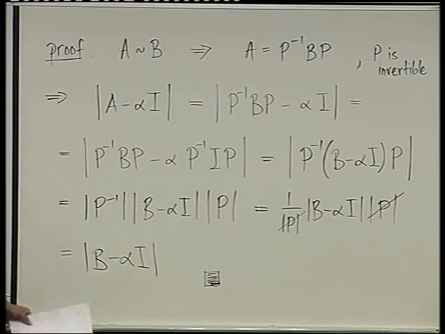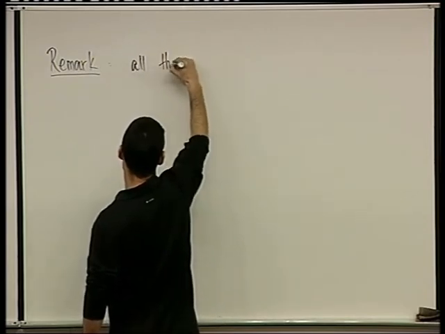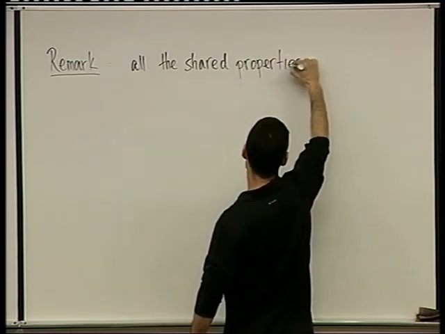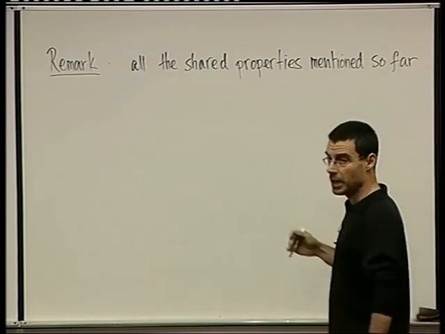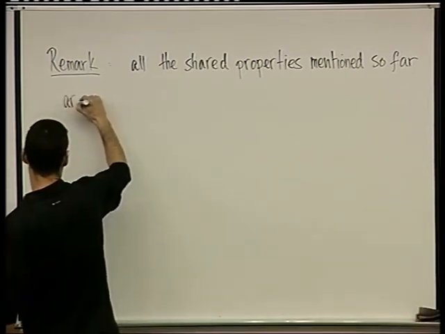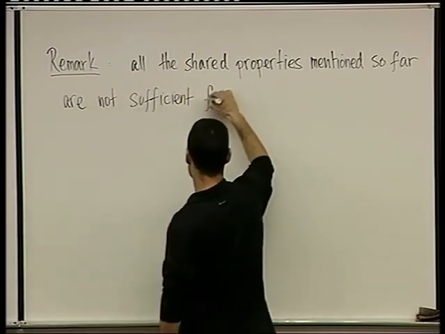Questions? Okay. So let's just write as a remark that all the shared properties mentioned so far, and there are more, namely the trace, the determinant, the rank, the characteristic polynomial, and the eigenvalues, are not sufficient conditions for similarity.